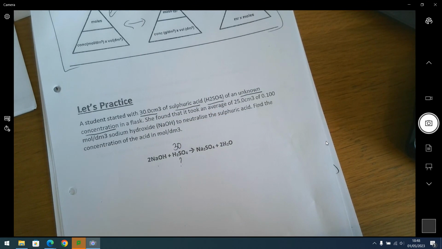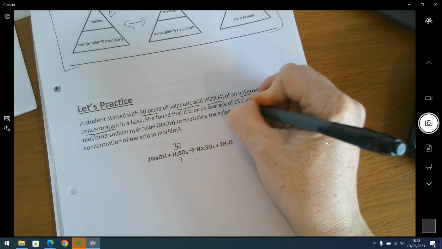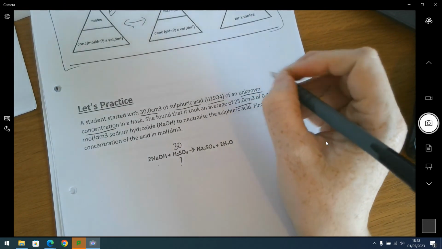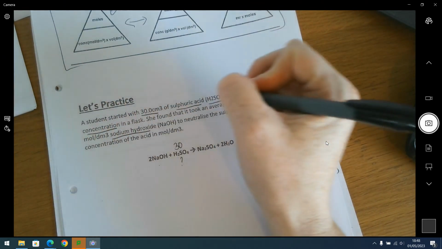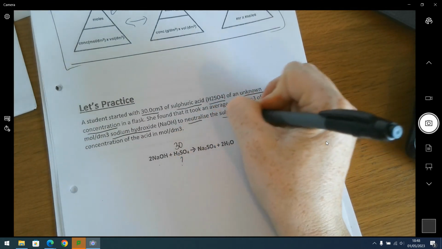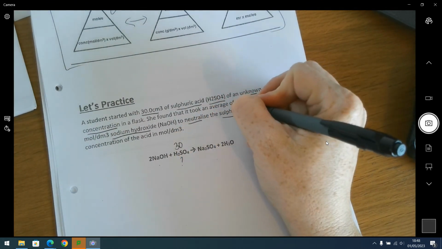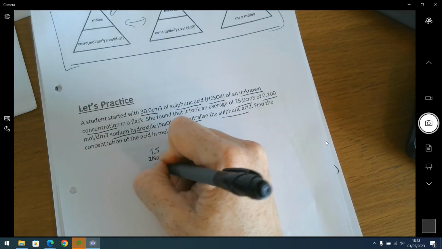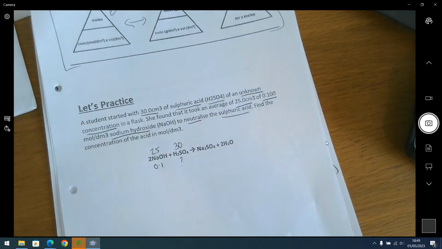Okay, so that's something we've got to think about. She found that it took an average of 25 centimetres cubed of 0.1 concentration sodium hydroxide to neutralise the acid. So I've got my volume, 25, and I've got my concentration, which is 0.10.